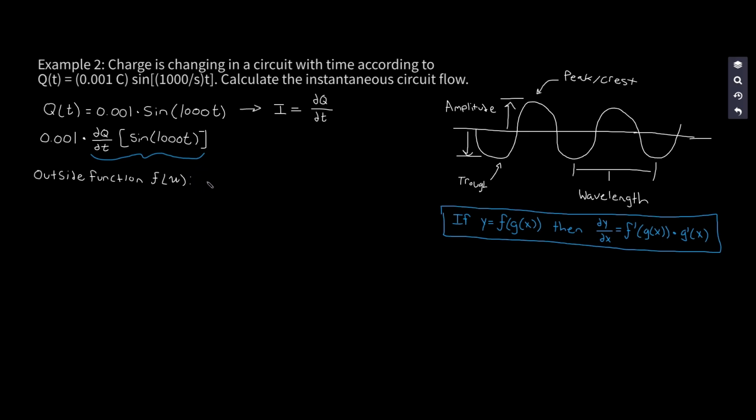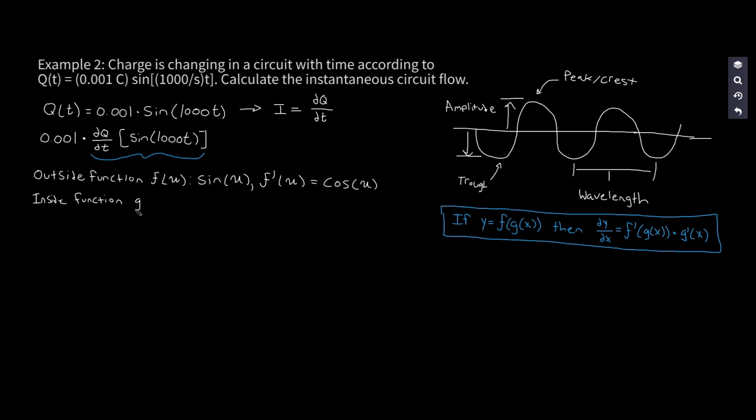So f of u is sine of u, but we also need f prime of u. The derivative of sine is cosine, so f prime of u is going to be cosine of u.